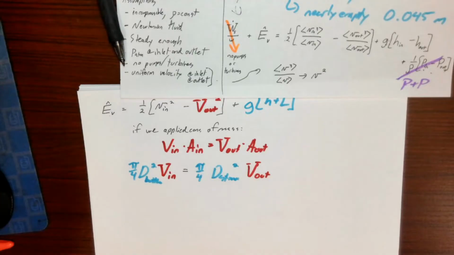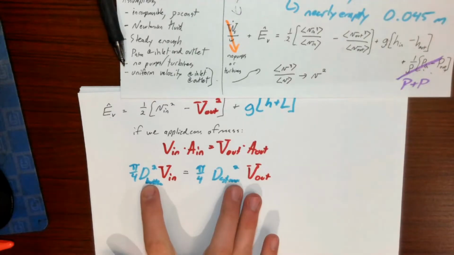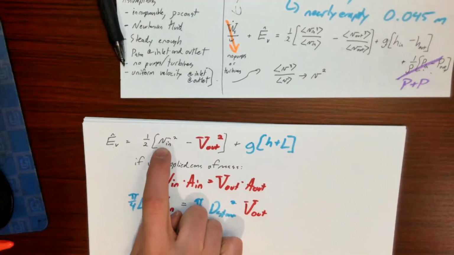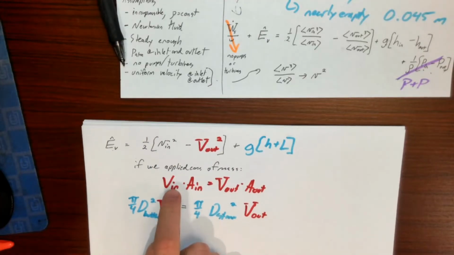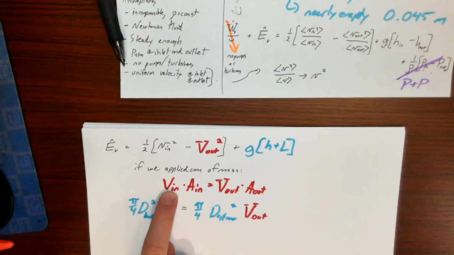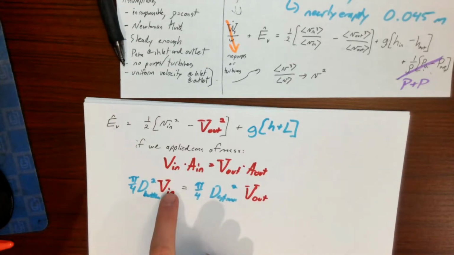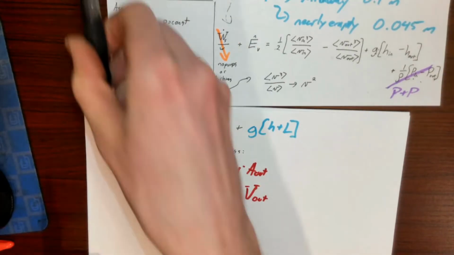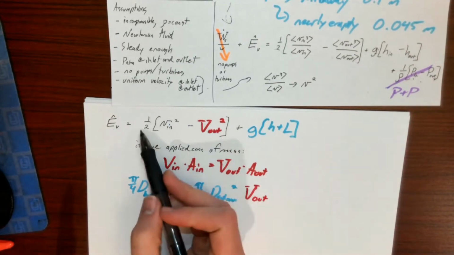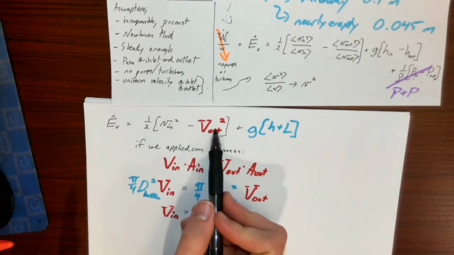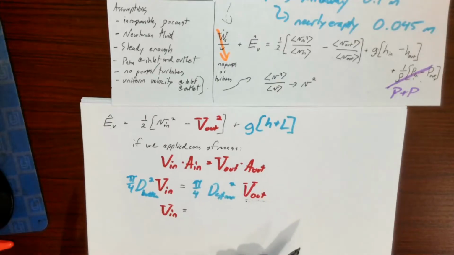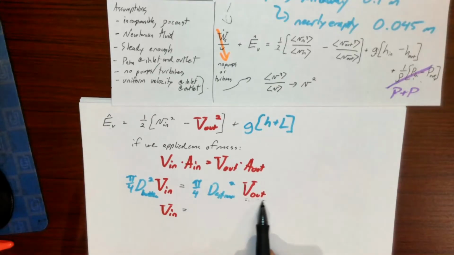All right. So how does this help us? We had this as of yet unknown velocity of our inlet, which we're treating as an actual unknown. But if we solve conservation of mass for the velocity of our inlet, then we can express this entire term, both the inlet and outlet velocities, in terms of just one unknown velocity, the velocity of the outlet, which is the unknown we're ultimately going for.